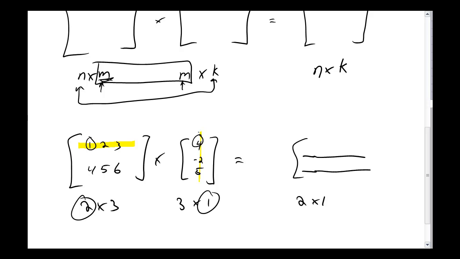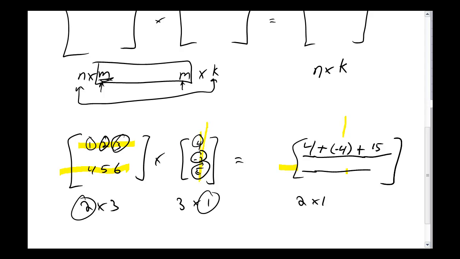I take 1 times 4, this gives me 4, and then I add a plus sign. Then I take 2 times negative 2, this gives me negative 4, so I'm doing 4 plus a negative 4, and I add a plus sign. And lastly, 3 times 5 gives me 15. When I'm ready to do my second row, it's still the first column, so I use the second row, but still the first column to get my answer.